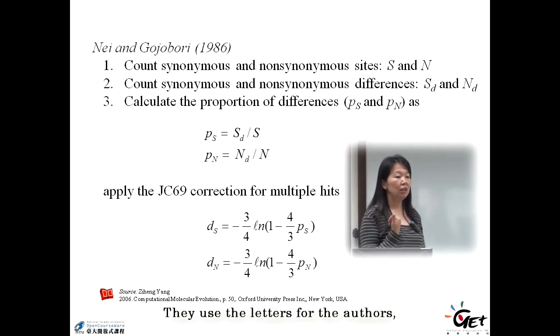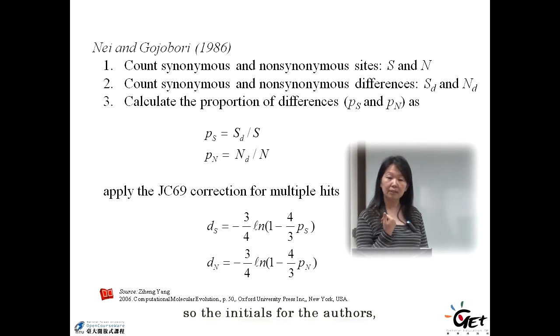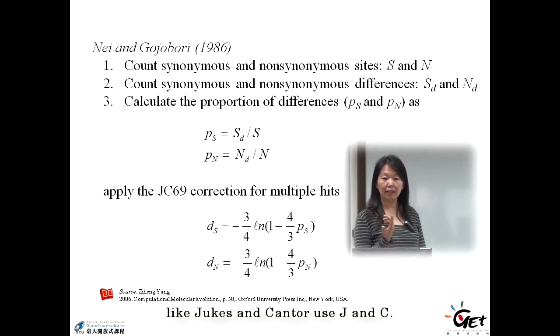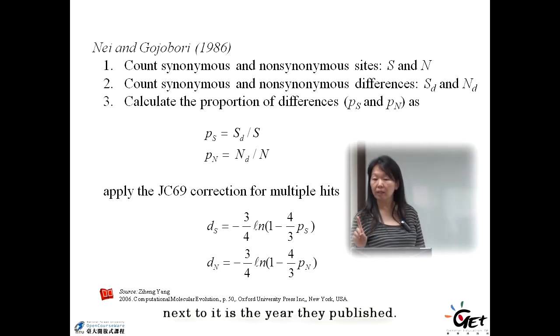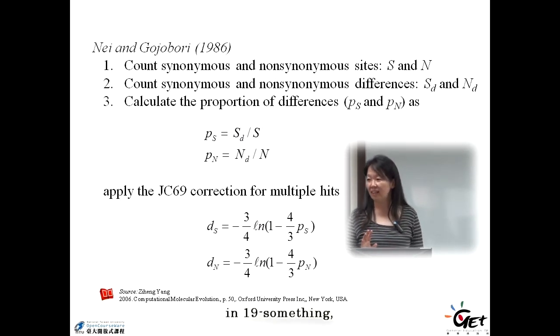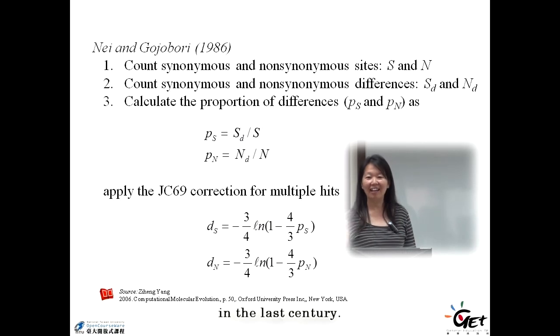They use the letters for the authors, so the initials for the authors, like Jukes and Cantor use J and C, and the number next to it is the year they published. Most of the work was published in 19-something, so in the last century.